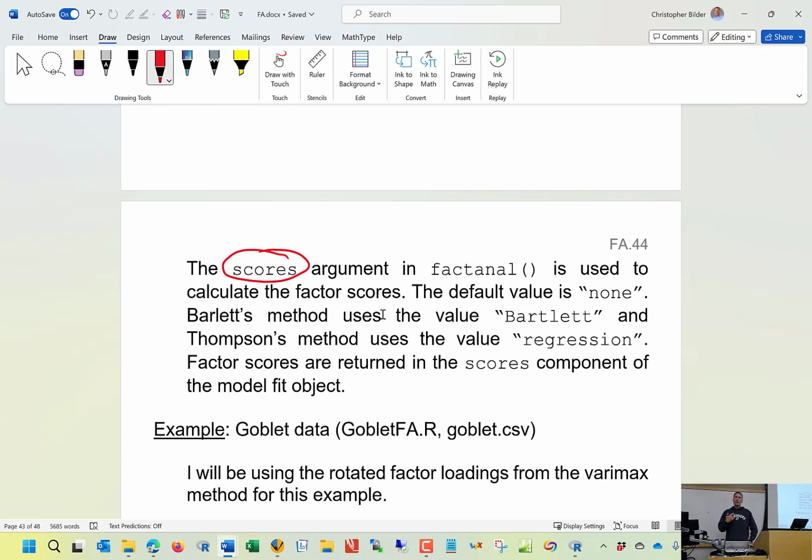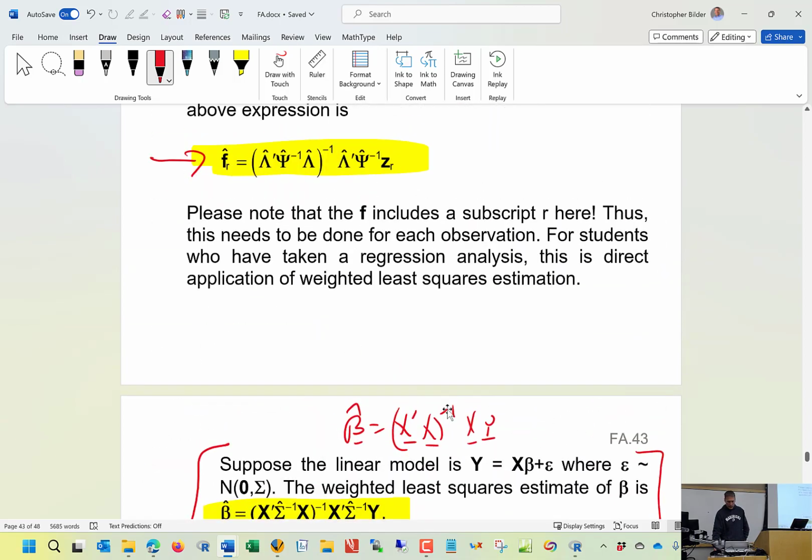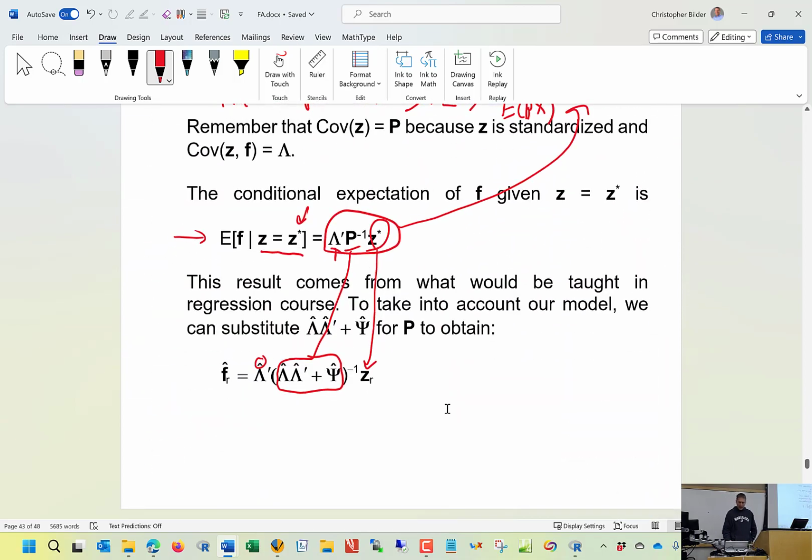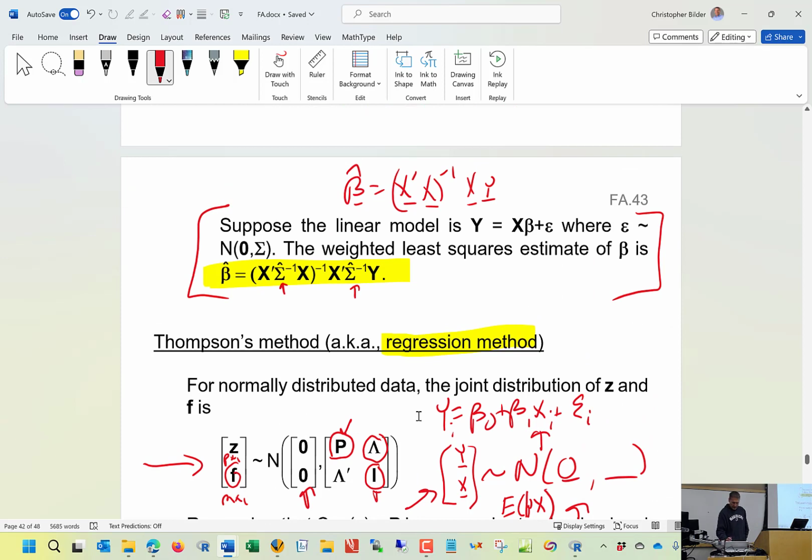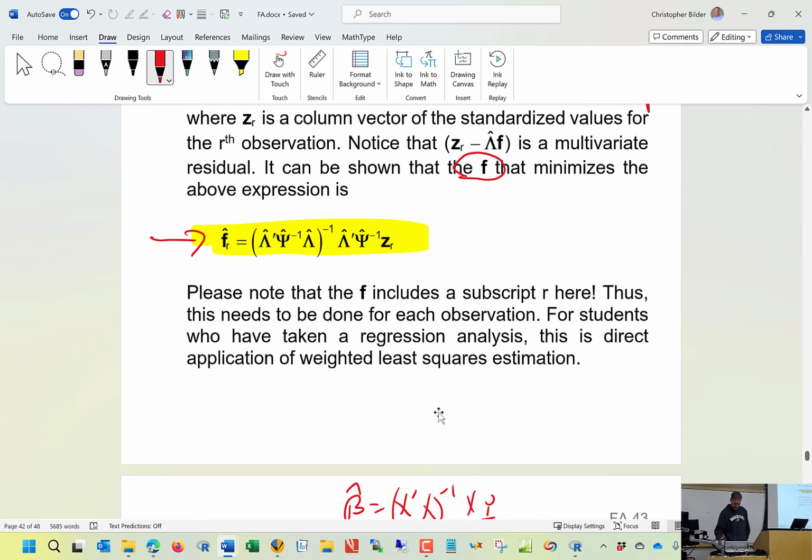Now, in terms of what you are responsible for with respect to what I've been talking about on pages 43 and 44 here, I guess also 42, you're responsible to be able to understand how to do fact_anal to get the scores, but also understand this matrix representation such that you could actually program this matrix representation into R and find the factor scores as well.